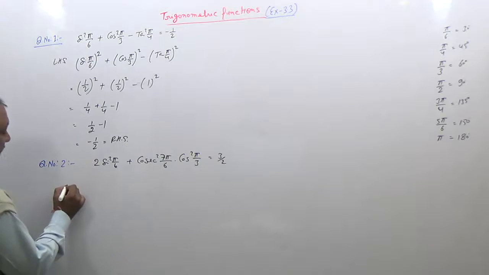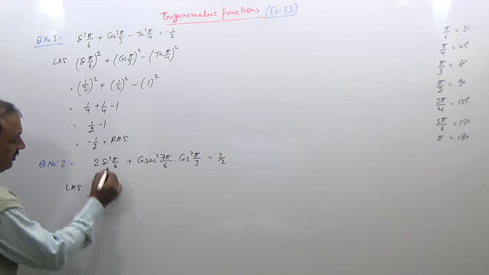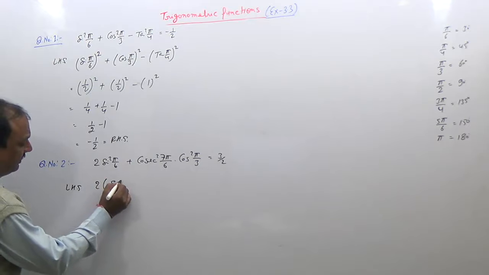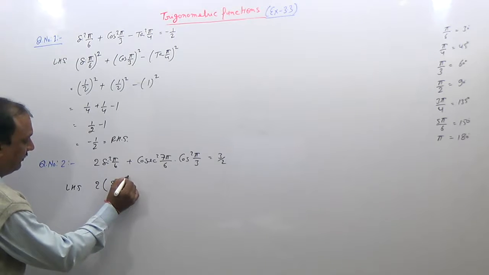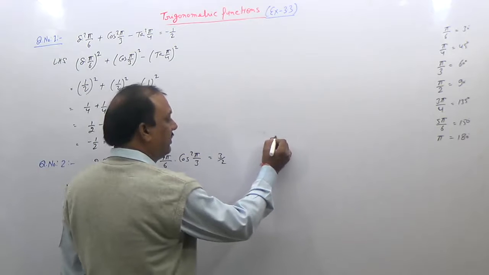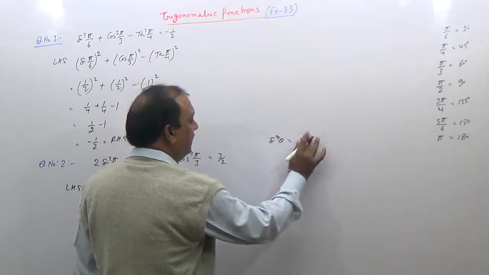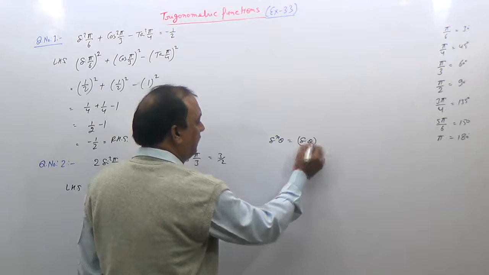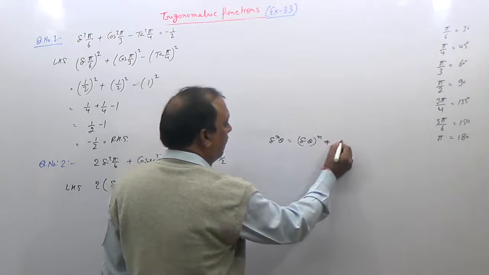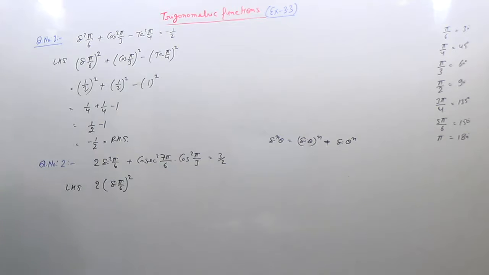So taking the left hand side. 2 sine square pi by 6 is 2 sine pi by 6 whole square, because we know that sin^n theta is equal to sin theta whole power n, and not sin theta raised to the power n. Both are different things.